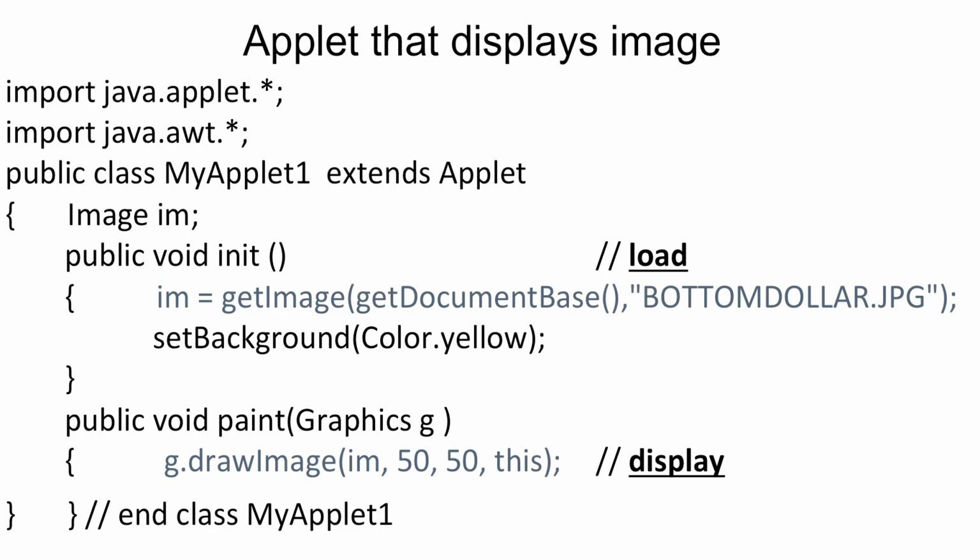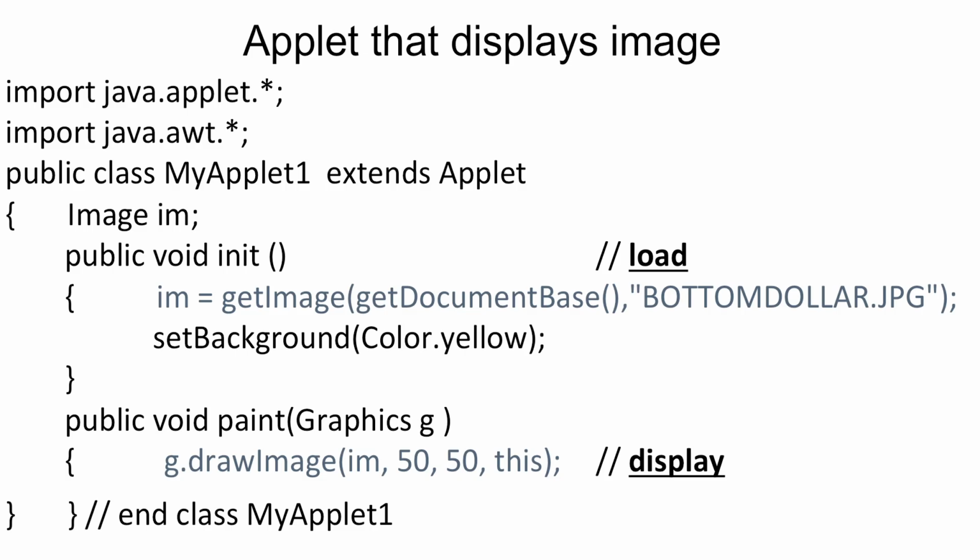Then setBackground, so here we are mentioning that the background of the page will be yellow. After this init function, we have the public void paint function with a Graphics g object, g.drawImage(im, 50, 50, this). So we are drawing an image at the 50, 50 coordinate of the applet screen.